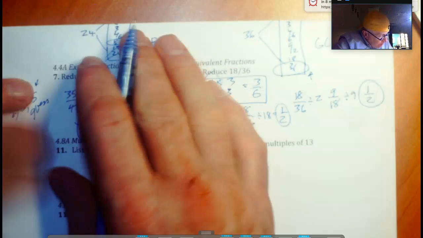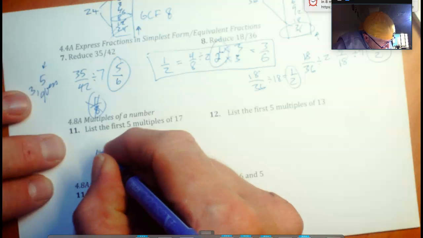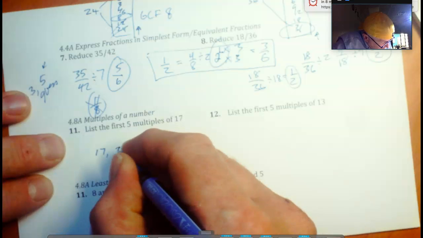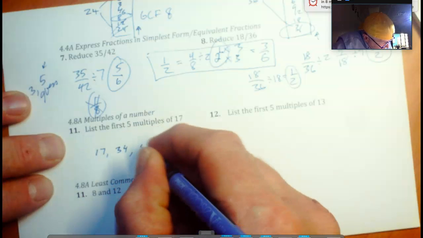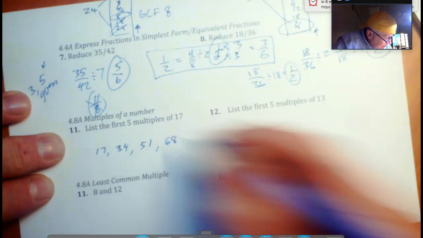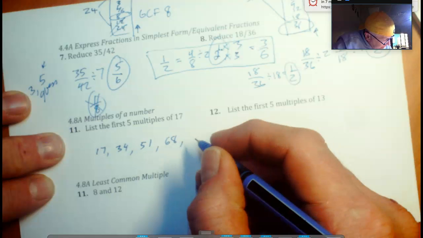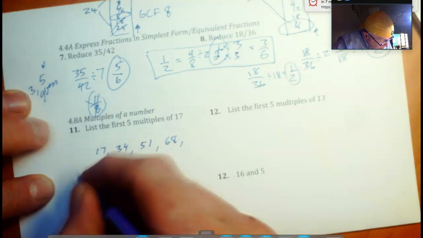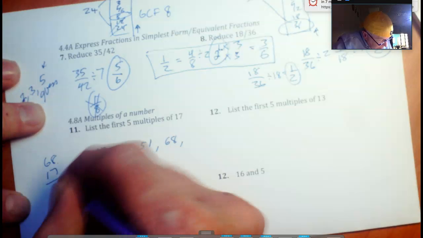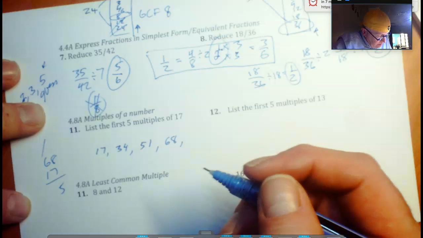All right, so list the first 5 multiples of 17. Let's see if I can do this. 17, and then 34, and then 51, and then 68. And now I got to think about it. I think it's 85, but let me just try this. 68 plus 17, that's 5 and 8 is 85.